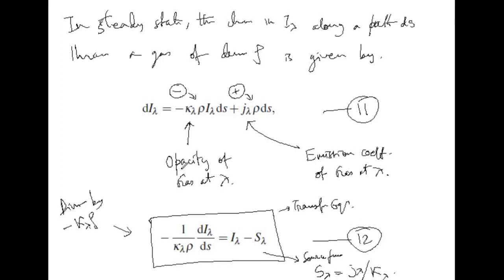Now you see this opacity. Let me spend some time over it. The opacity of the gas has dimensions of area per unit mass, and it arises from several different mechanisms. It is often strongly dependent on the wavelength of the photon and temperature of the gas.